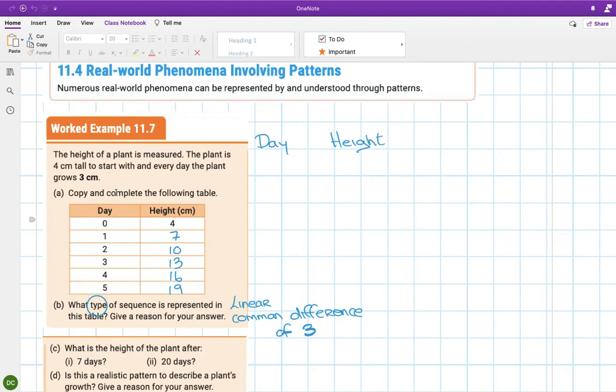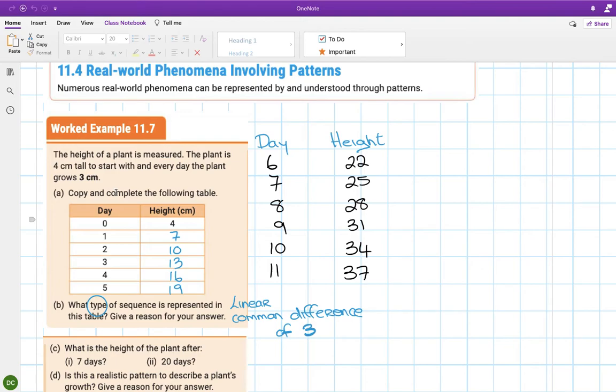Okay, so after 6 days, we're going to be at 22. After 7 days, 25. After 8 days, 28. After 9 days, 31. 10 days, we're going to be at 34. 11 days, 37.